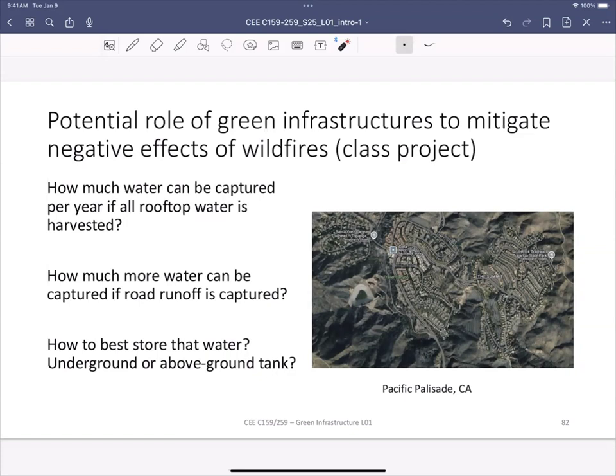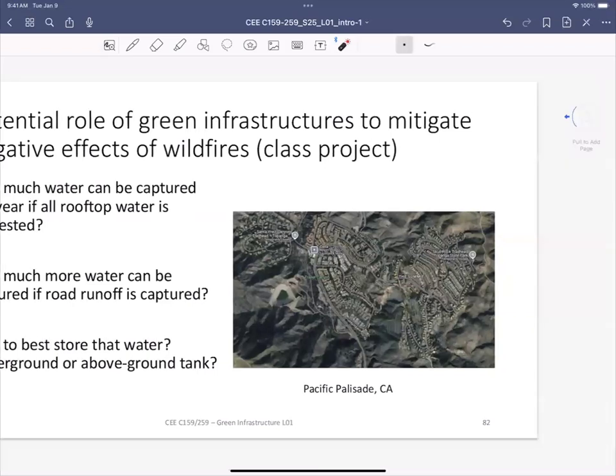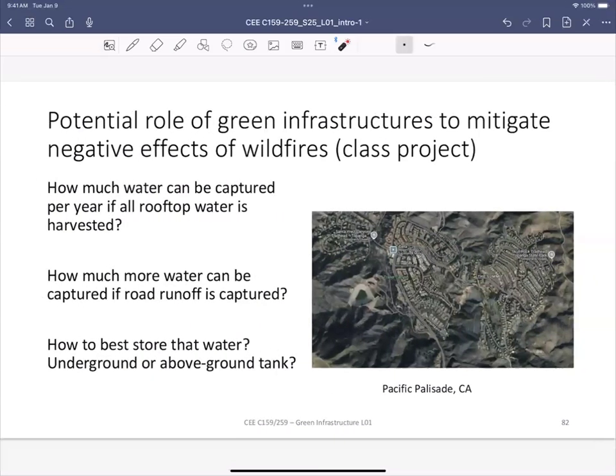So you'll calculate how much volume of water you can capture and how much you can use at that time. Then you'll also brainstorm how to store that water locally at that location using different infrastructure designs. So these are the things you will learn in this class, and you directly apply them to this project. As we go, I'll explain how we can work on some of these things over time.